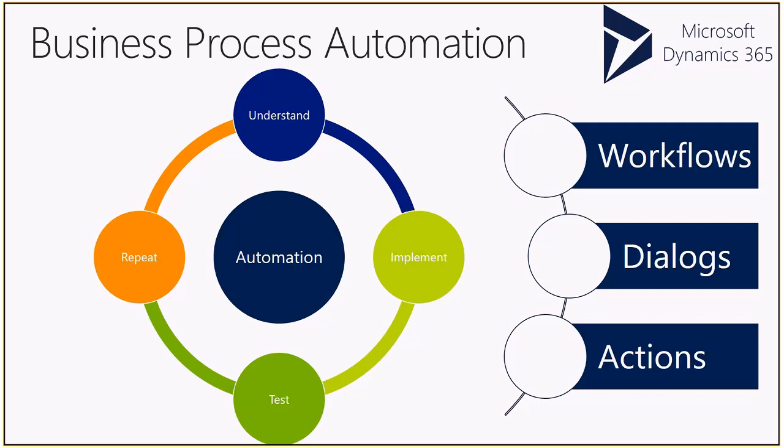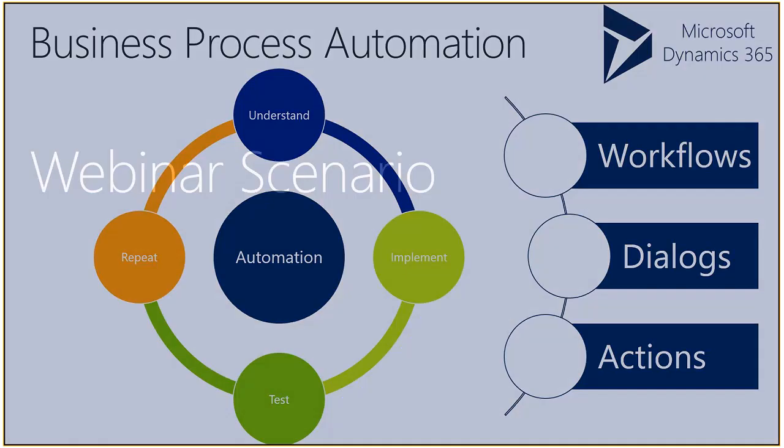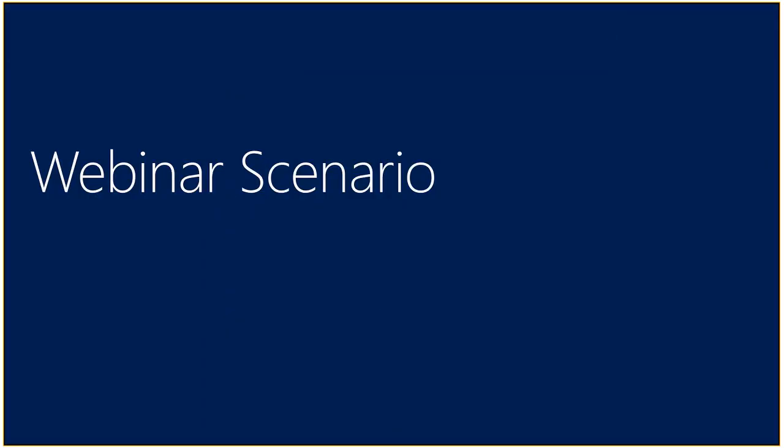It's understanding, implementing, testing, and repeating, and the cycle goes on and on. That's plain and simple how we should start working as far as business process automation is concerned.